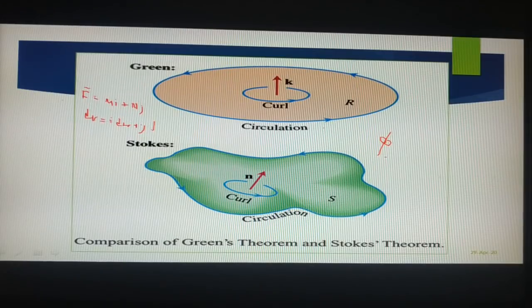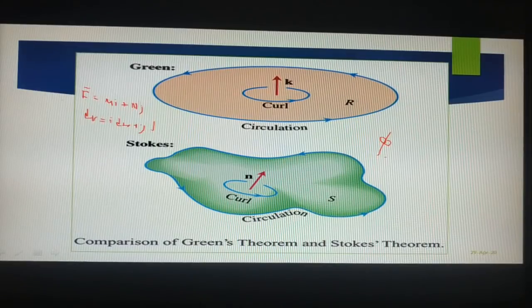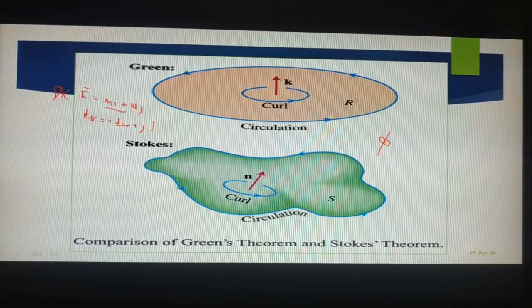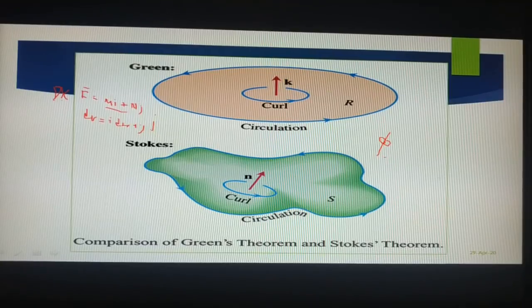Why is it like that? Always, if you are taking the xy plane, the curl's orientation is towards the normal direction, because it is the xy plane, so its orientation is towards the k direction, the unit vector for the z direction. So when I find del cross F bar for M and N, P is not there, so that will become 0. Do you remember how you got that result?